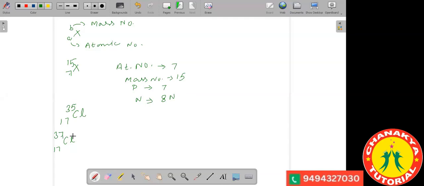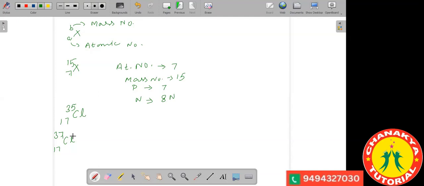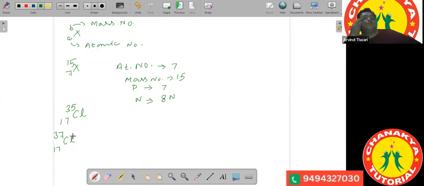What are we supposed to find? Again, the same thing: atomic number, mass number, number of protons and number of neutrons.